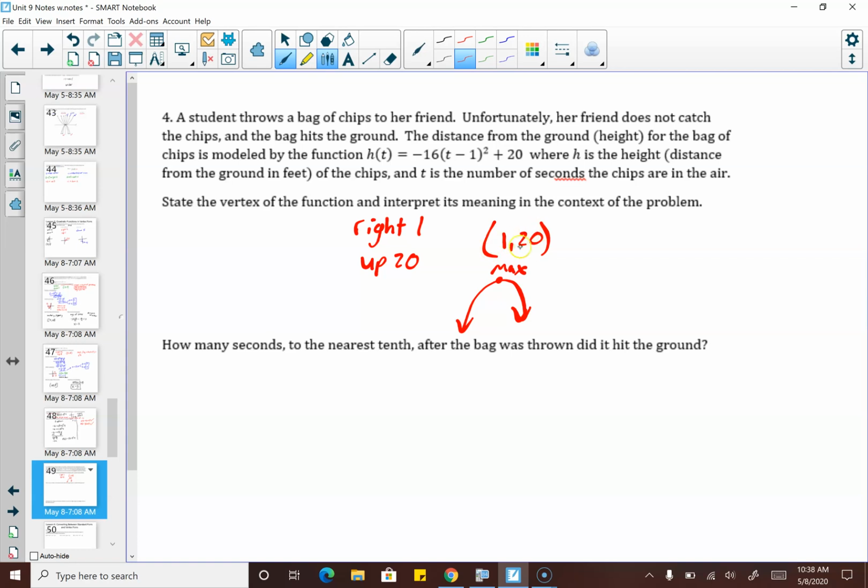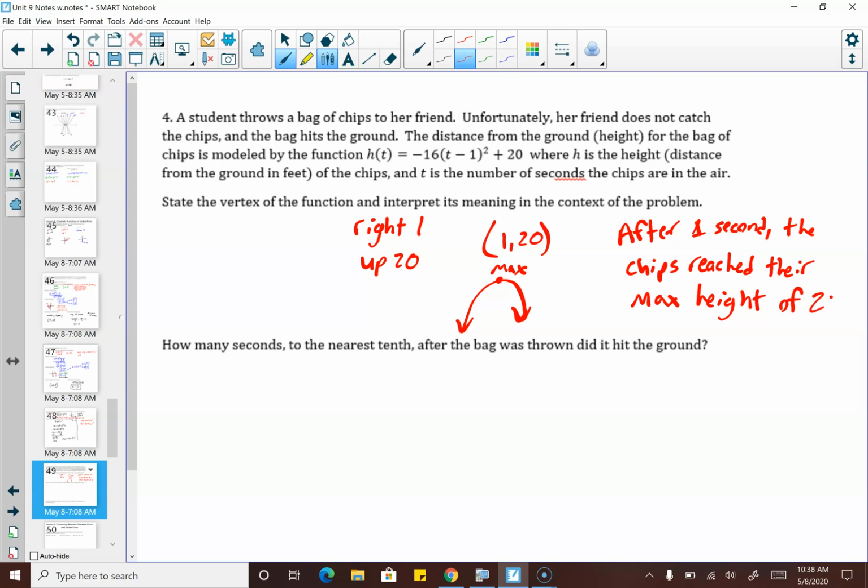So what does this 1, 20 really mean for this problem? That means after 1 second, the chips reached their maximum height of 20 feet.